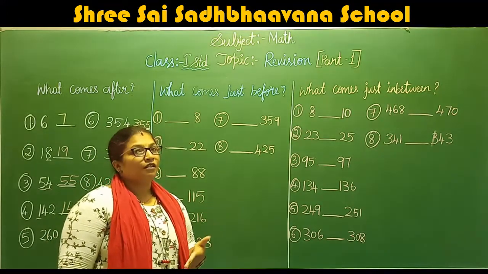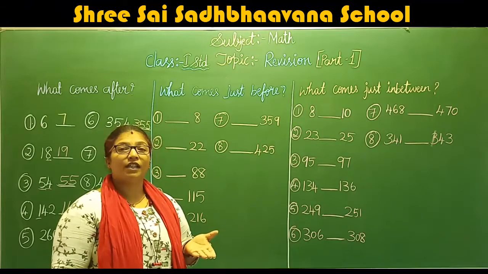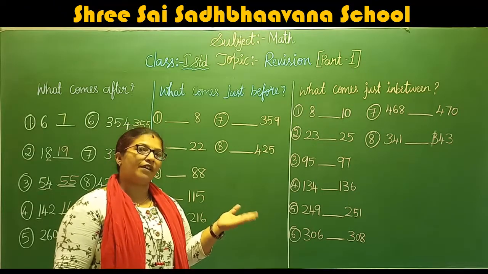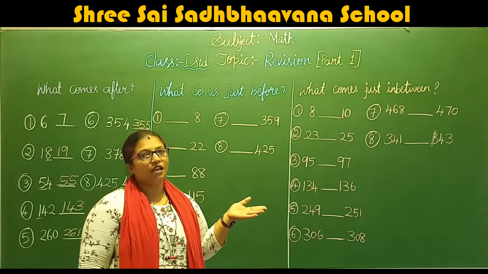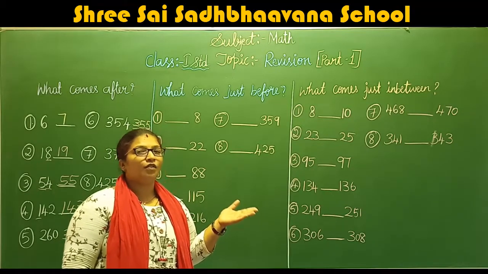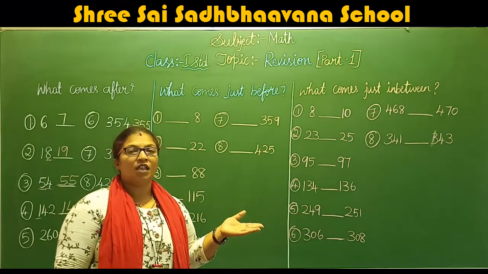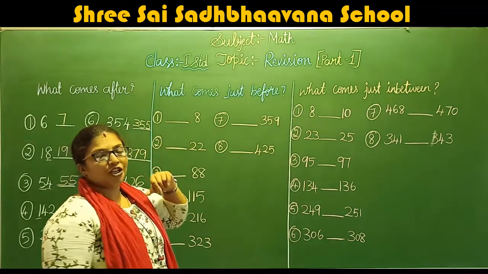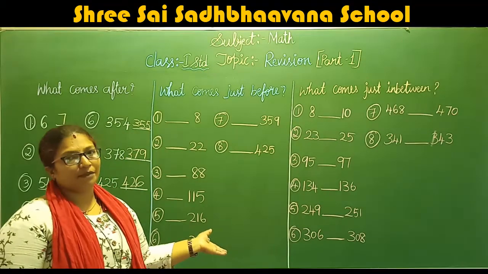Backward numbers are 10, 9, 8, 7, 6, 5, 4, 3, 2, 1. This is backward, right? So you have to write your backward number.